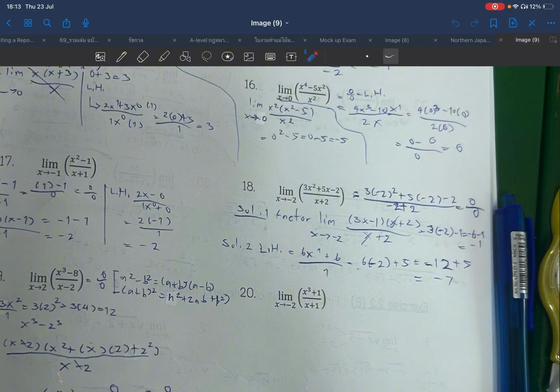Number 18. So given this question, we should plug in x as it approaches -2, which will give us 0 over 0. Factor the quadratic numerator into (3x - 1) and (x + 2).